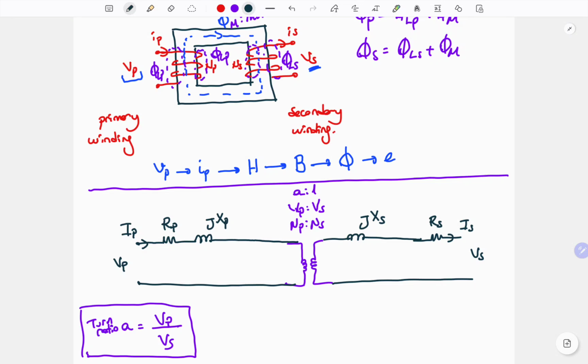What else? These four parameters, RP, XP, XS, and RS, represent the winding related losses. But in addition to that, we have one more system inside the transformer, which is the core. For the core related losses, we will use a parallel branch here.